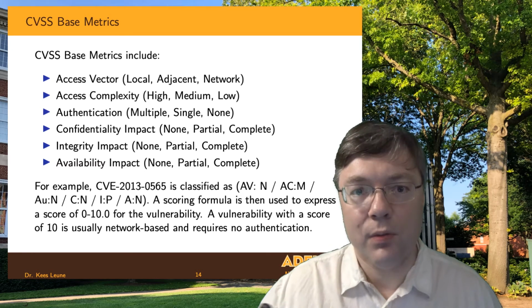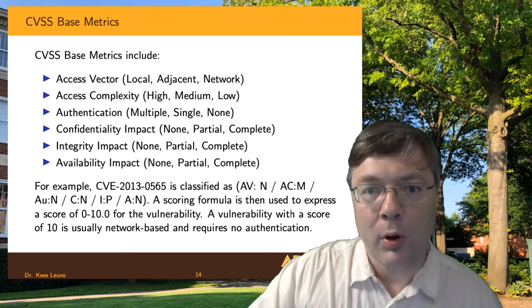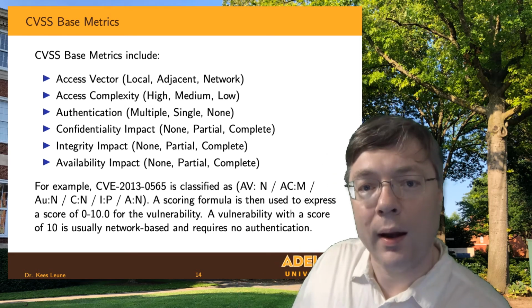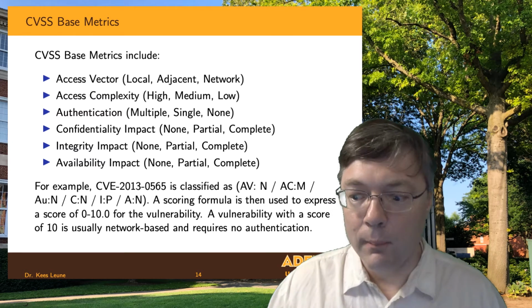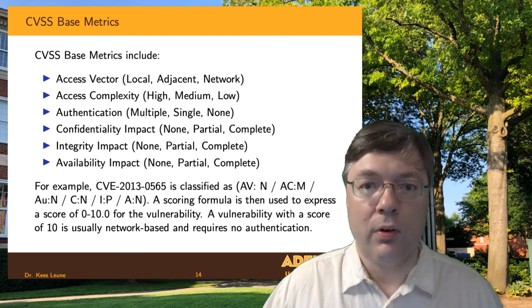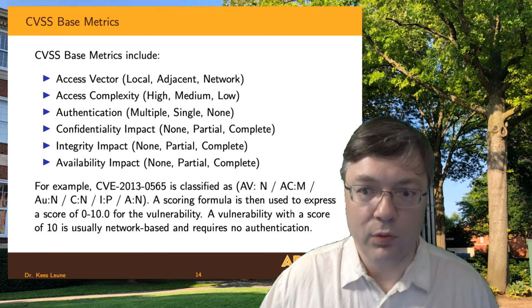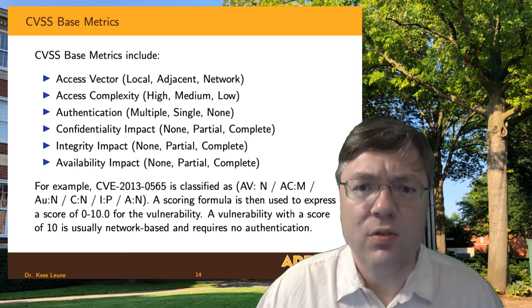If that's the case, it will reduce the risk of exploitation. If I'm across the internet and it doesn't matter where I am in this world, as long as I connect to the internet, that would be network connectivity. That would be worse, because now we have a much larger space that we have to worry about. Access complexity. How difficult is it to gain that access?